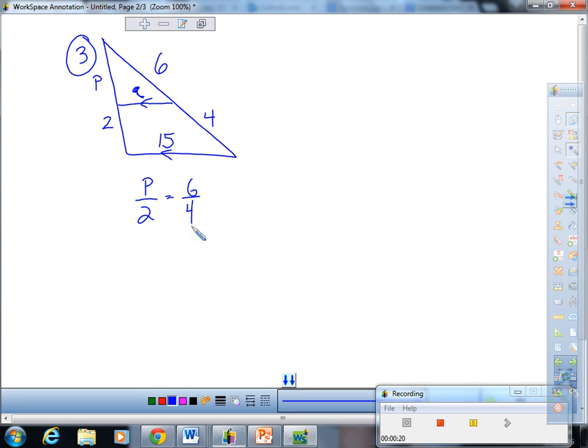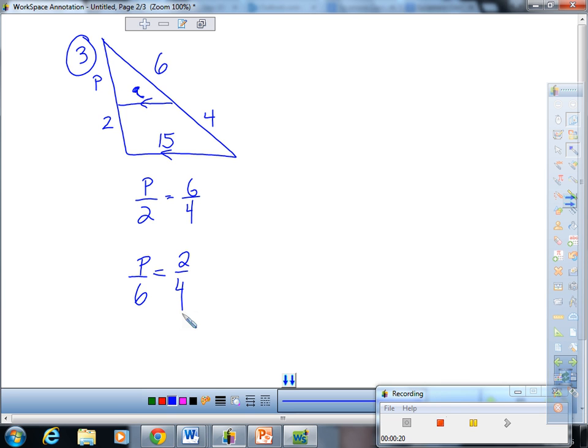Maybe in your mind, a better proportion is P is to what? 6? That's fine. If you started out with P as a 6, then on the other side you'd have 2 over 4. Either one of those would work, okay? P over 2 equals 4 over 6 would be wrong.